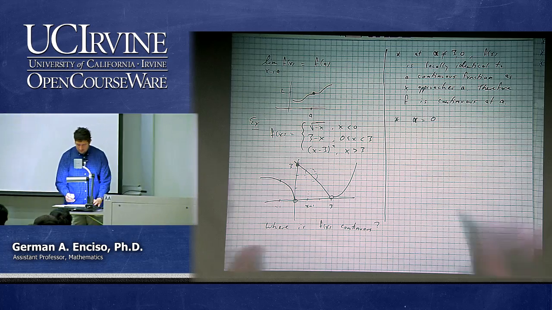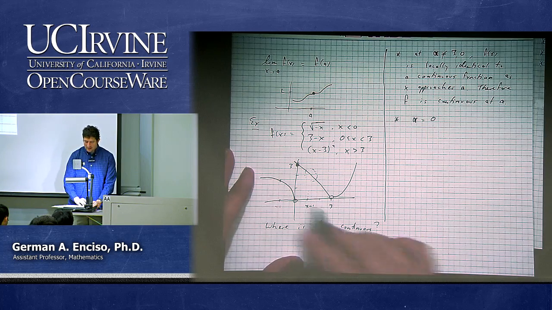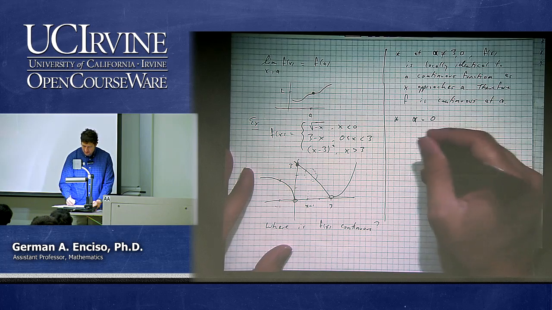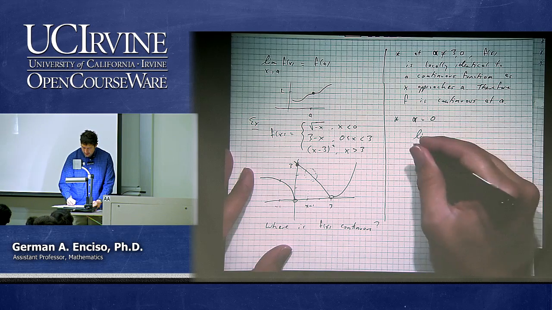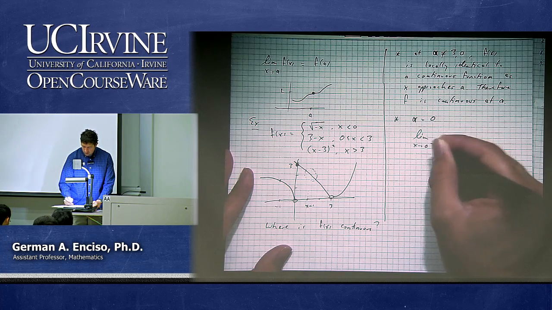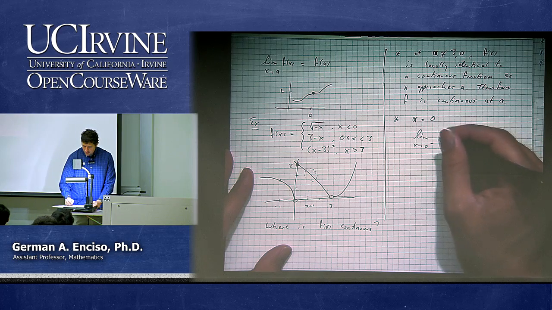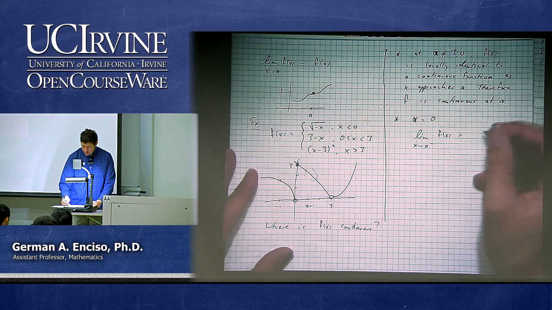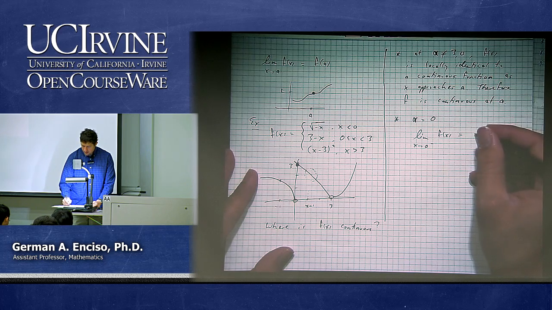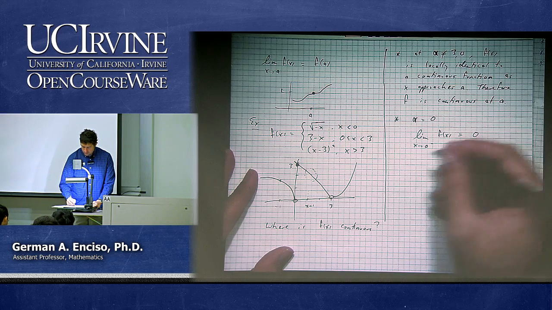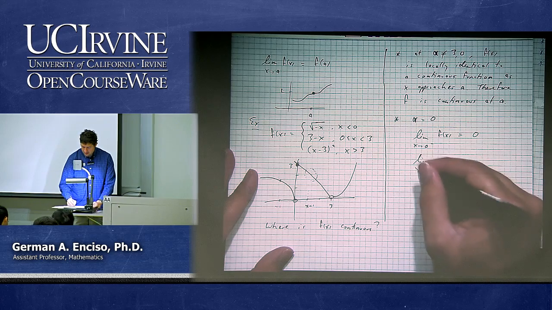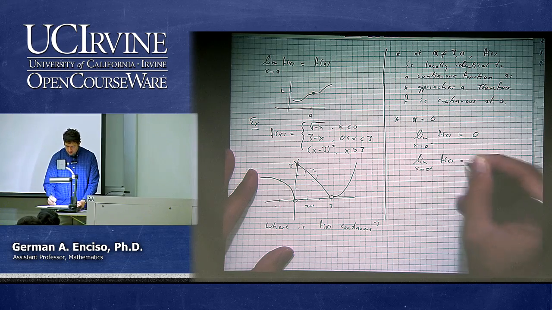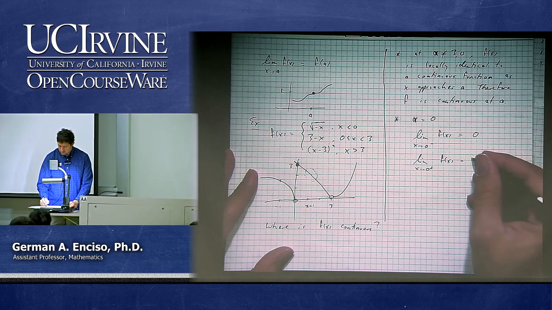So if you wanted to write this mathematically, I mean, in the graph it's obvious that it's not continuous. If you wanted to write this mathematically, you can say something like, limit when x goes to 0 minus of f of x is equal to 0, and the limit when x tends to 0 plus of f of x is equal to 3.